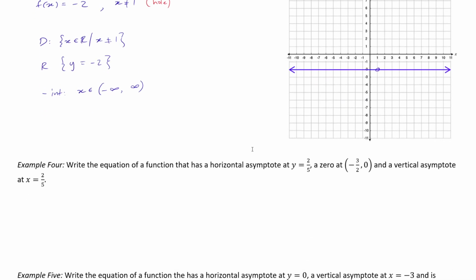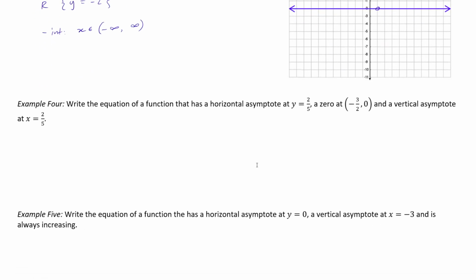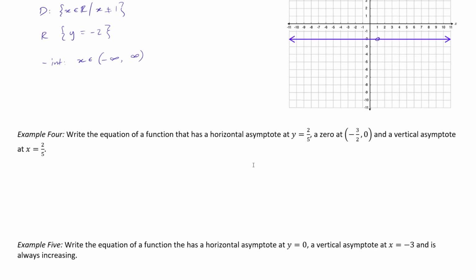Okay, write the equation of a function that has a horizontal asymptote at y equal to 2 over 5, a zero at negative 3 over 2, and a vertical asymptote at x equal to 2 over 5. Remember that this is our general form of our function: f of x is equal to ax plus b over cx plus d.